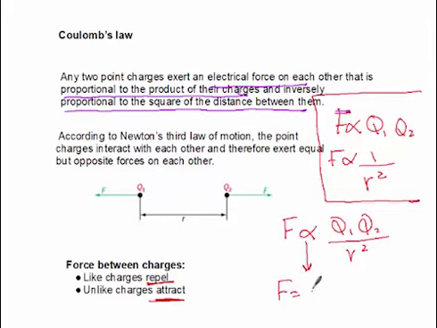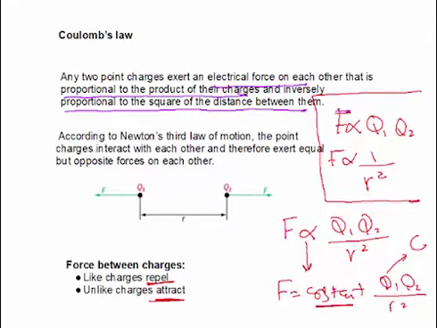F equal to constant times Q1 Q2 over r square, and you know that the unit for charge is Coulomb, the unit for r is meter, the SI unit, and that's why the force will be measured in Newton.